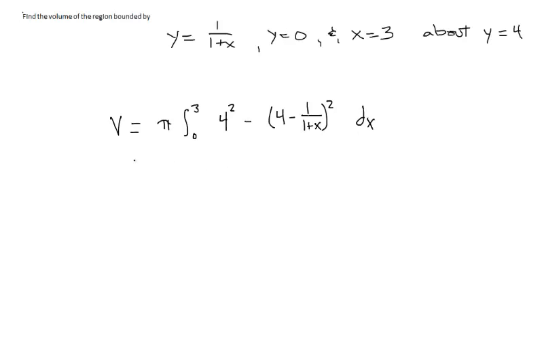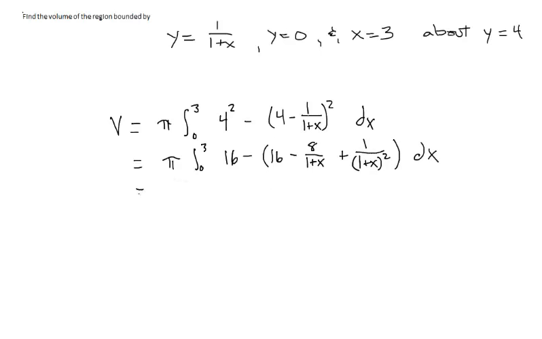And now we're going to simplify. So we have pi times the integral from 0 to 3 of 16 minus, and when we square 4 minus 1 over 1 plus x, we get 16 minus 8 over 1 plus x plus 1 over 1 plus x squared dx.